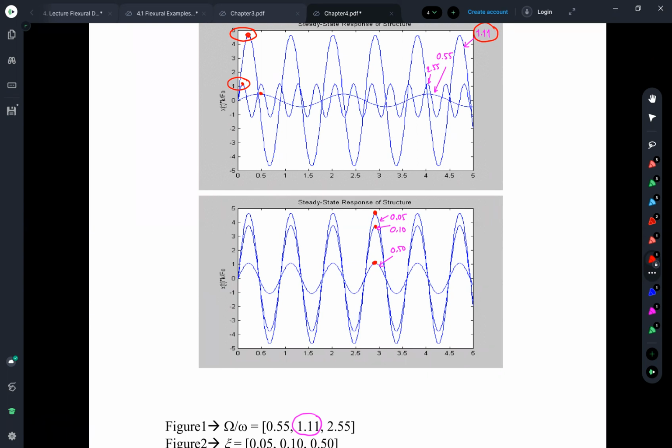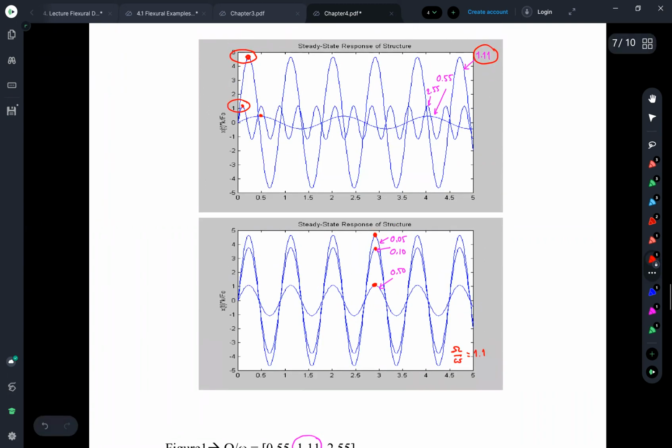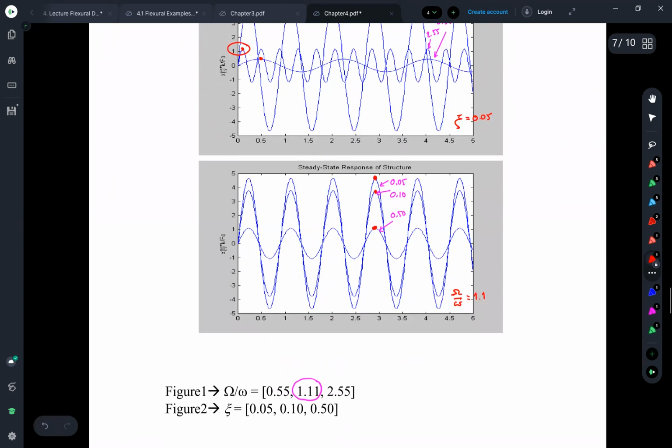This is the way I fix the frequency, and I think I fix the frequency ratio to be like 1.1 maybe, and just change the damping and plot the 3 cases of the 3 dampings against each other as in these figures. And I think in this one I assume the damping equal to 5%.